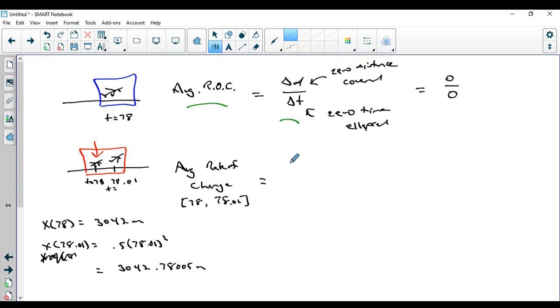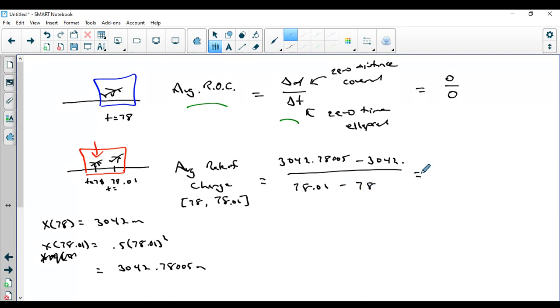So now for the change in distance, I'm going to subtract these two values. So I'm going to do 3,042.78005 minus 3,042. And then over the change in time, which is 78.01 at the later time minus the earlier time, which is 78. Notice we made the interval different.